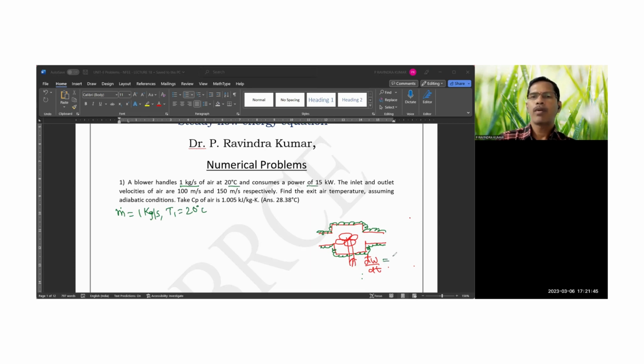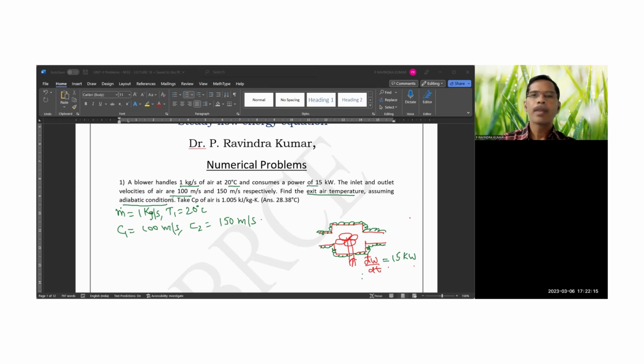The inlet velocity, that is C1, is 100 meters per second, and the outlet velocity is 150 meters per second. Find the exit air temperature, assuming the adiabatic condition.